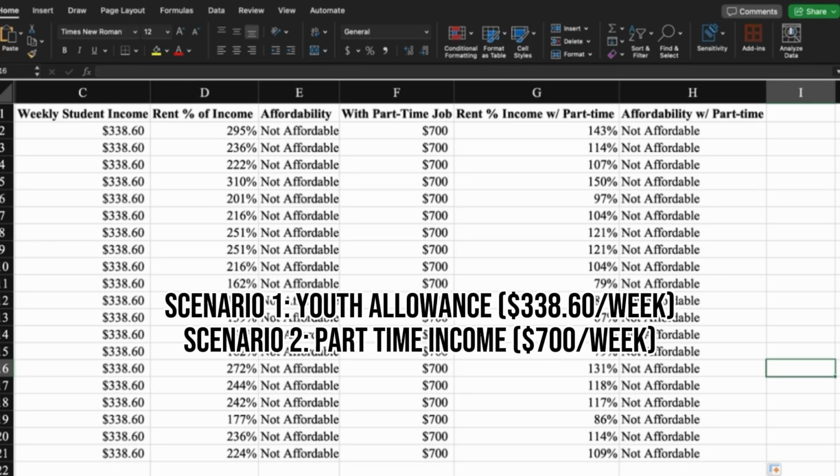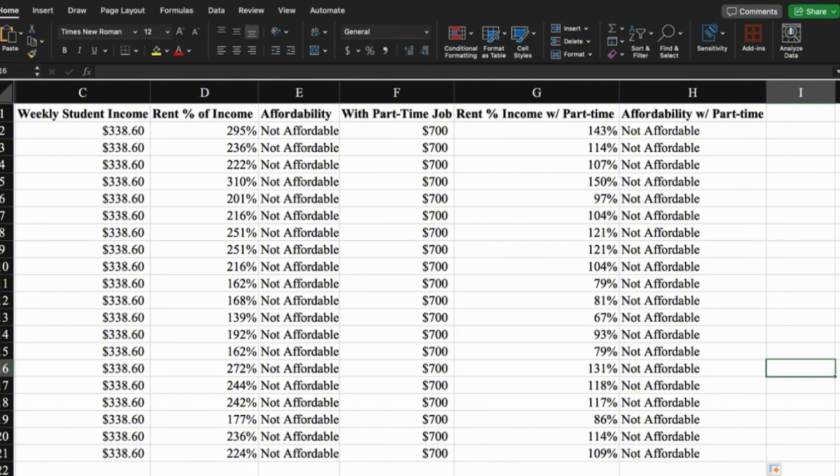This gives us two scenarios side by side. Now we can see how much of a difference having a part time job makes, and even with a higher income, the result is still overwhelmingly not affordable, which tells us something important. The problem isn't just that students need to work hard, the gap between income and rent is large enough that a part time job alone does not close it.